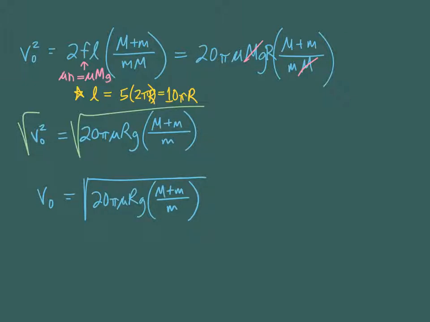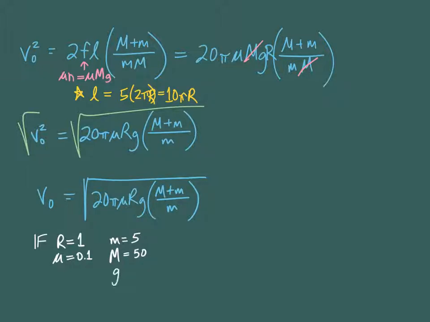So if we make some assumptions here, we'll just make it easy. If radius is 1, if mu is really small, like 0.1, let's say that the mass of the ring is 5 and the mass of the skater is 50.